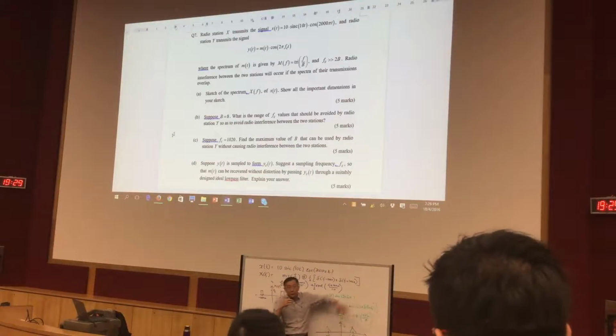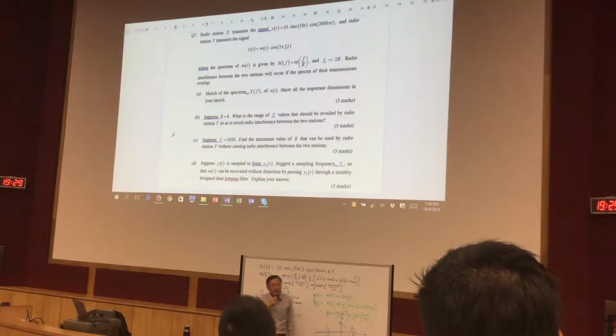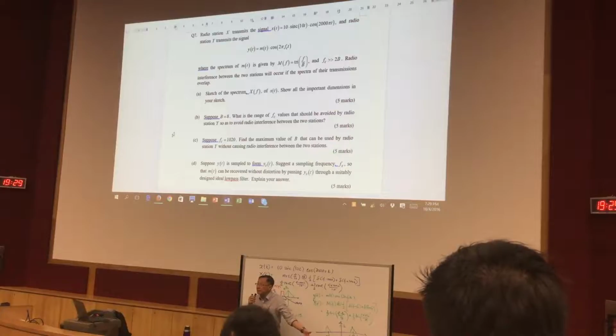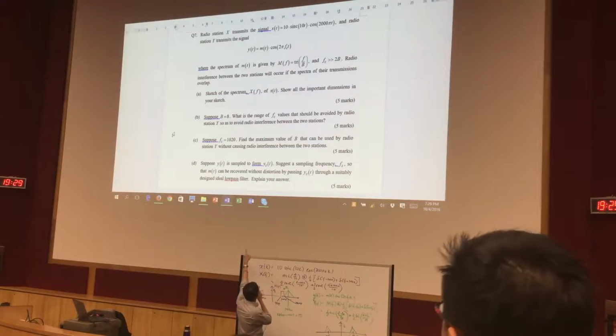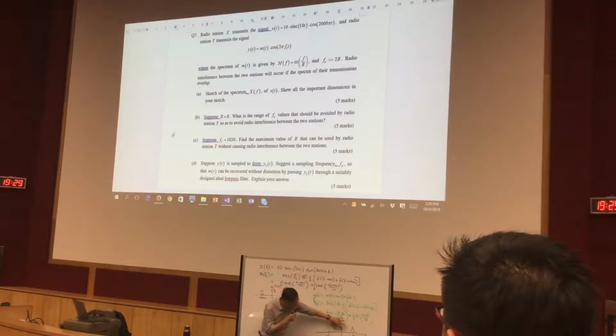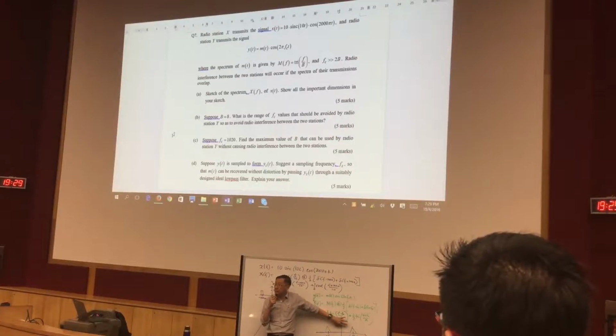Replicate Fs, 2Fs, 3Fs, etc. Agree? That's sampling. So if I have to recover this with an ideal low pass filter, I must have a triangle in the center here. That's my original MF. MF is tri F over B. I must have a triangle here, right? Otherwise I cannot recover it with a low pass filter, isn't it? Do you agree?